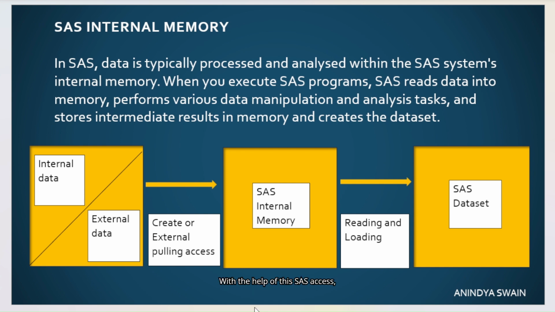And with the help of SAS Access, as I mentioned earlier, data gets pulled. I mean, when we are submitting any code to pull the external data, this module runs in the background, pulls the data and stores it in SAS internal memory. And from internal memory, it would read and create the final dataset. So this would be our final dataset.